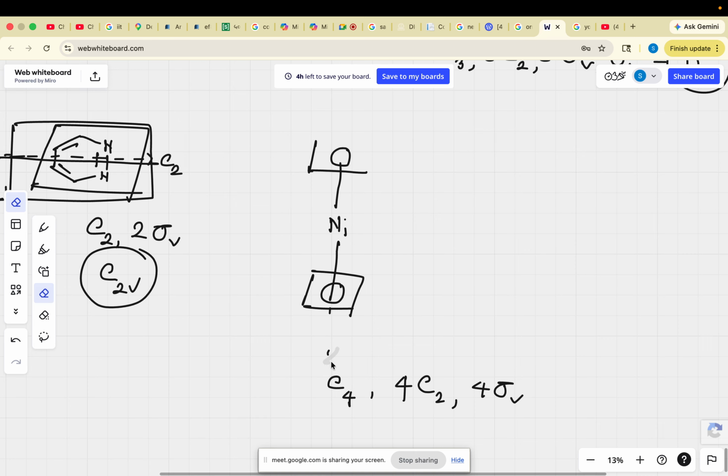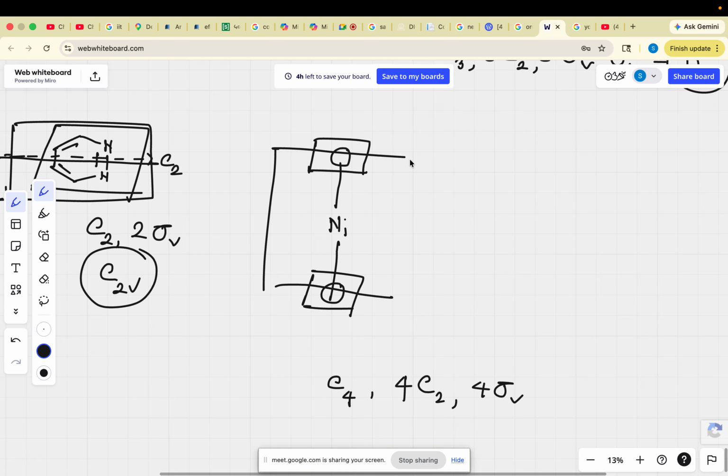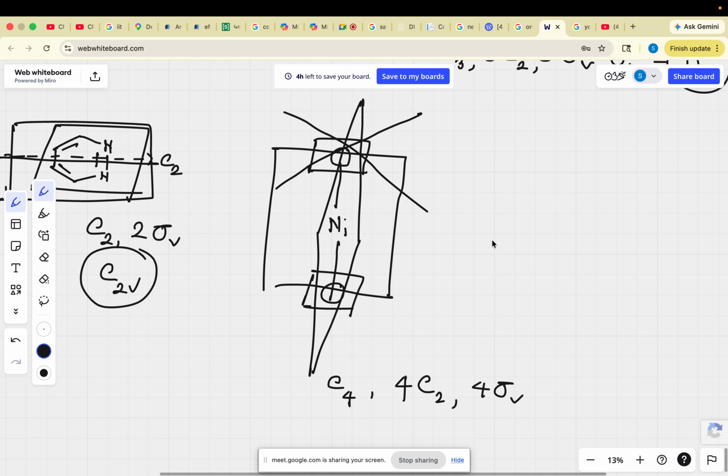What I am trying to say here is that one plane you are passing through the middle of this, another plane through the middle of this, and another plane through this corner. So these are the 4 sigma v you will have.